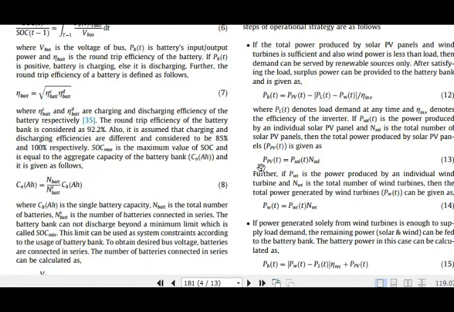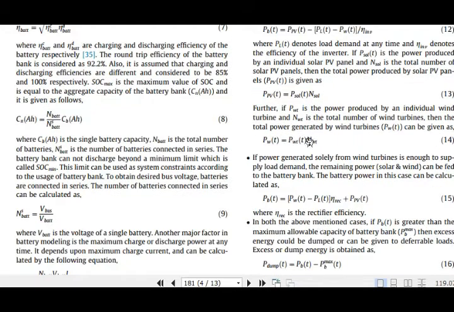You should keep in mind that PV is not a single unit; it is the number of solar panels that will be selected by the optimization algorithm. Similarly, wind energy will not be a single unit; it will be a number of wind turbines, definitely selected by an optimization algorithm.